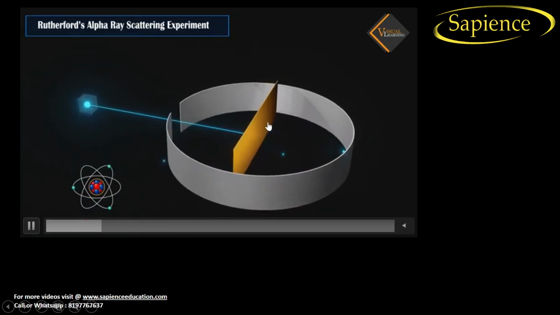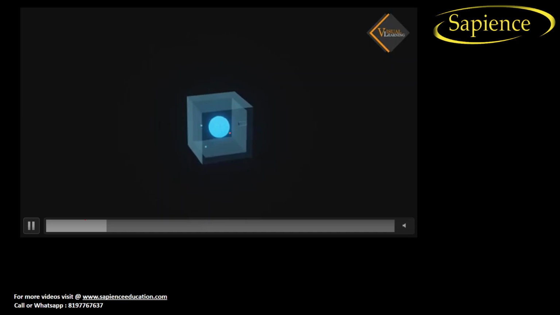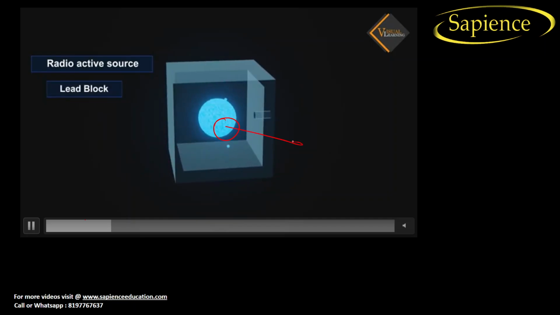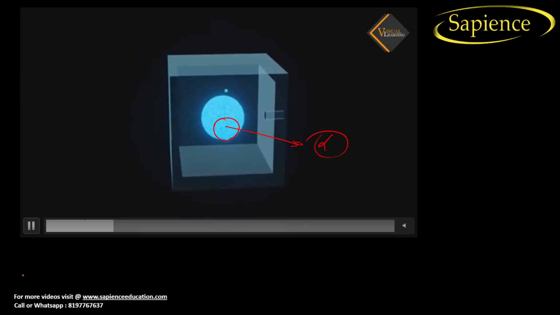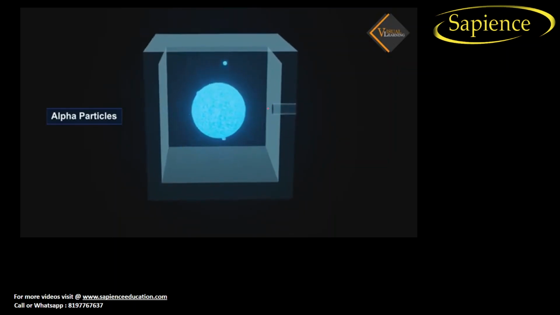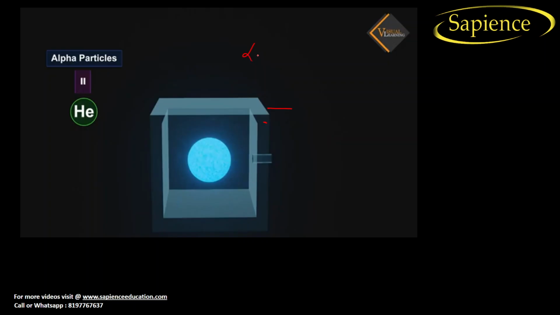This is your radioactive source from where alpha rays come out. Alpha means approximately helium mass. It has a helium mass, with 2 protons and 2 neutrons. So that is considered an alpha particle.